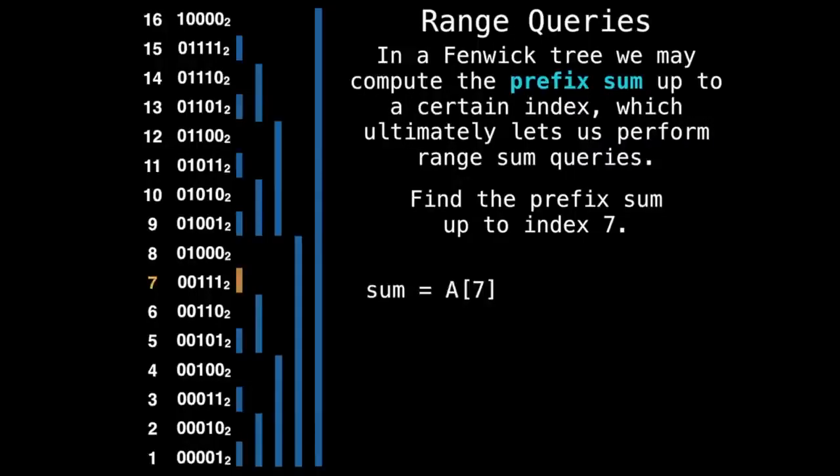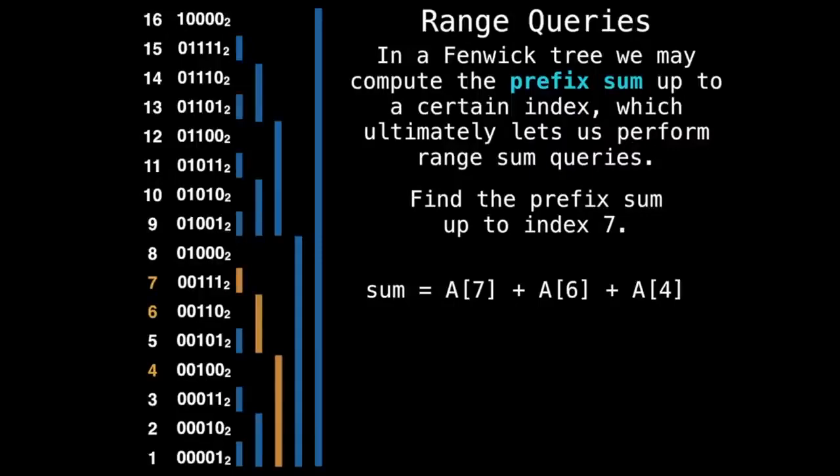If we look at where we are at 7, we can get the value in the array at position 7, and then we want to cascade downwards. The next guy below us is 6, and then 4. Notice that we're hopping down.